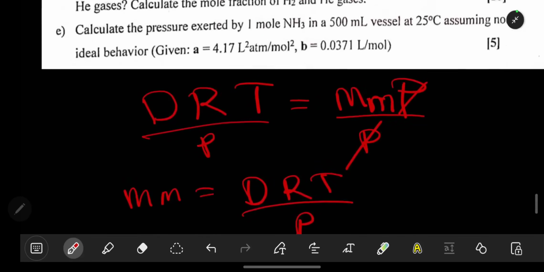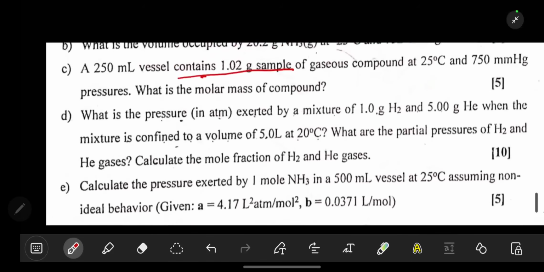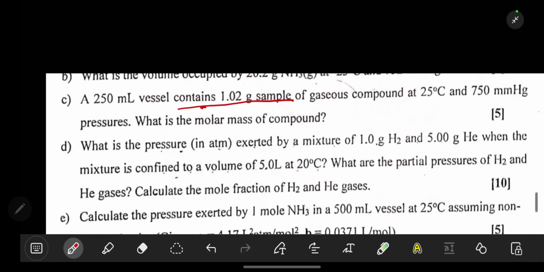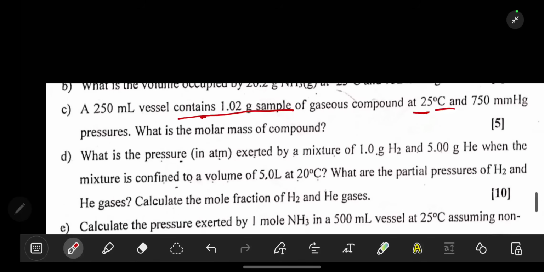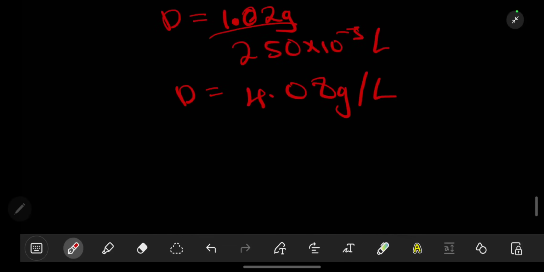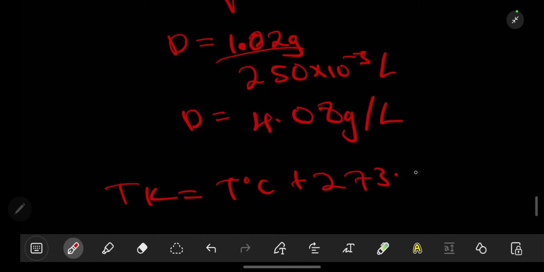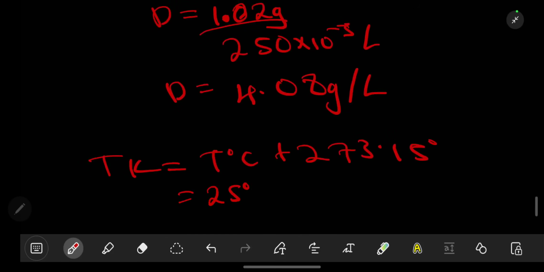Then all we have to do is convert the temperature from degrees to kelvins. The temperature is given as 25 degrees Celsius. So the temperature in kelvin should be equal to the temperature in degrees Celsius plus 273.15. So we have 25 plus 273.15.